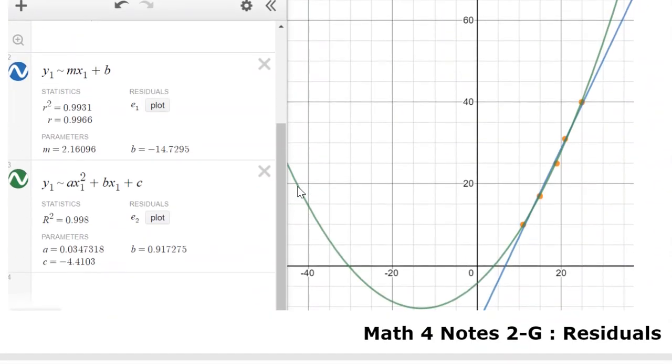When I graphed it, I had a graph that looked like that. And once again, even though my linear was pretty close, my quadratic could get even closer.